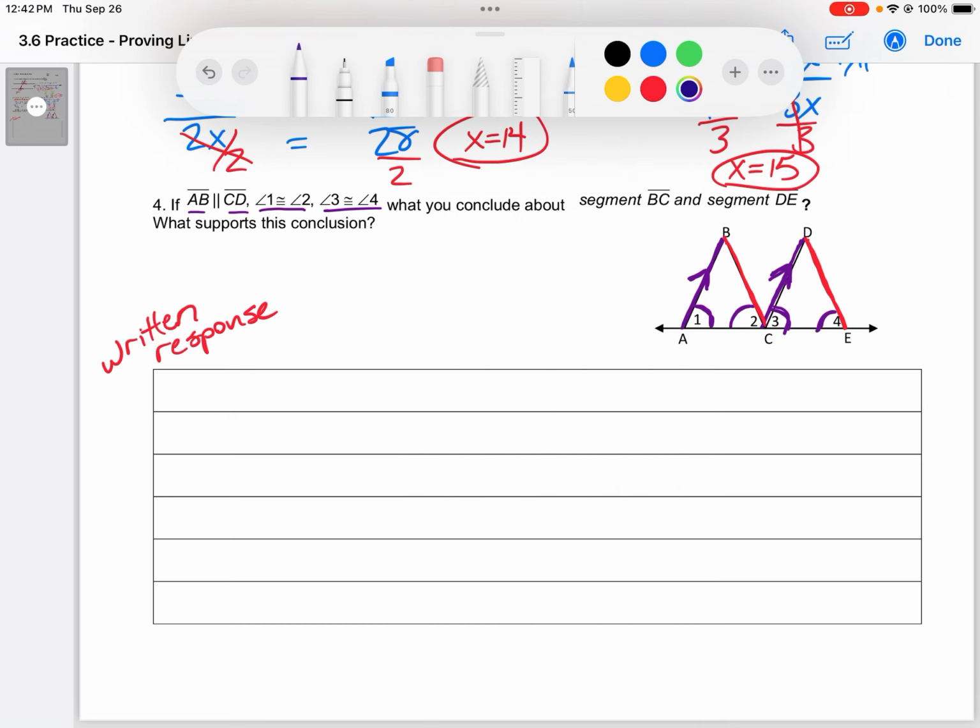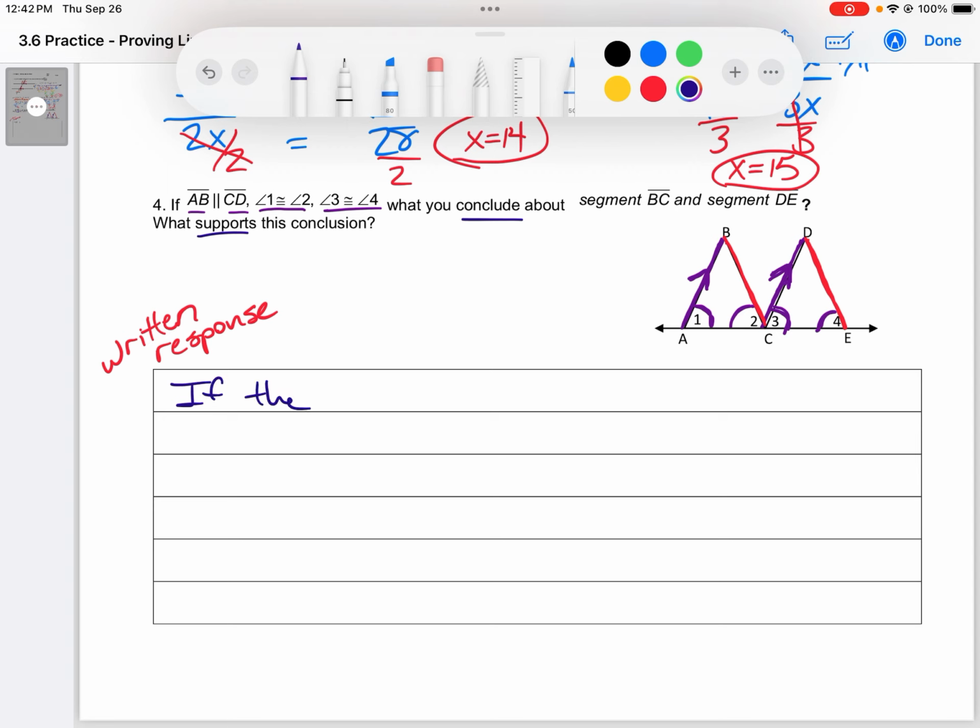I want you to use your own language, use your own words, and at the same time be using a lot of the vocabulary that we've been using in class. So, what can you conclude, and what supports it? So you need a conclusion and support.